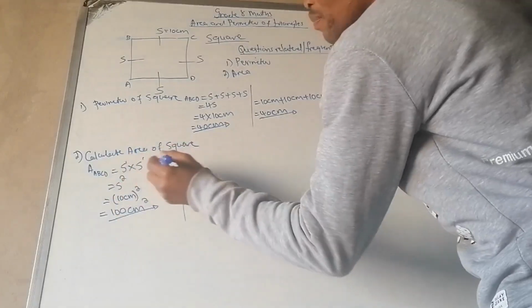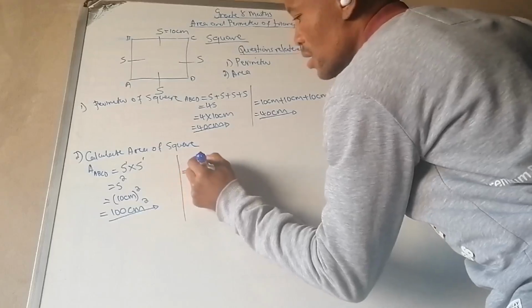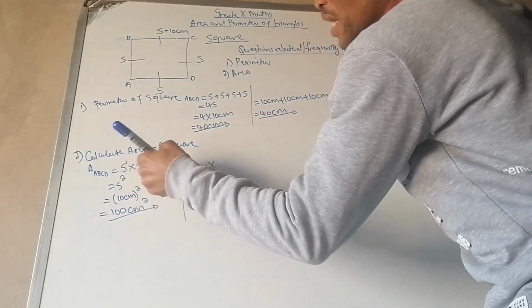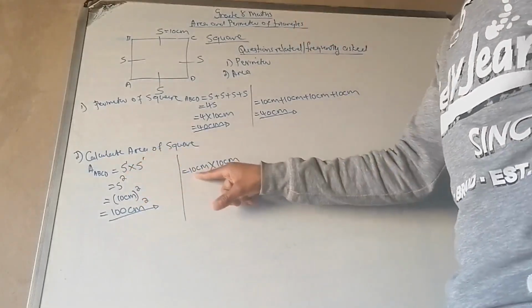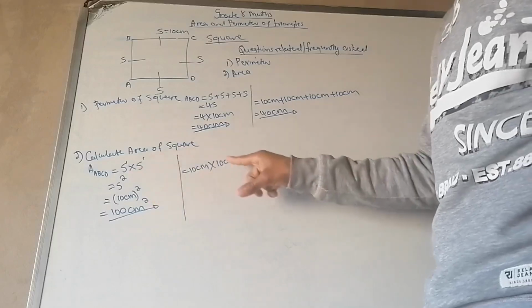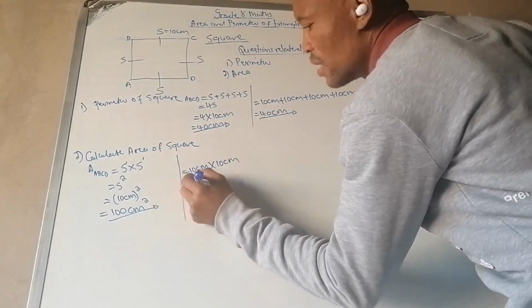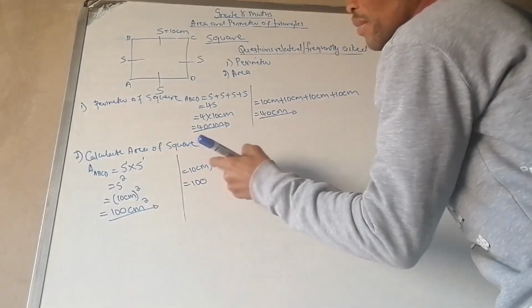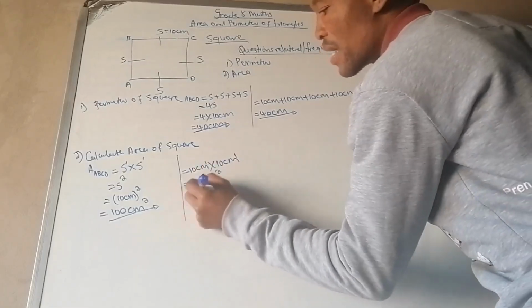Because this is side multiplied by side, 10 centimeter multiplied by 10 centimeter. 10 multiplied by 10 is 100. Centimeter multiplied by centimeter: when I multiply numbers of the same base, I add the exponents.